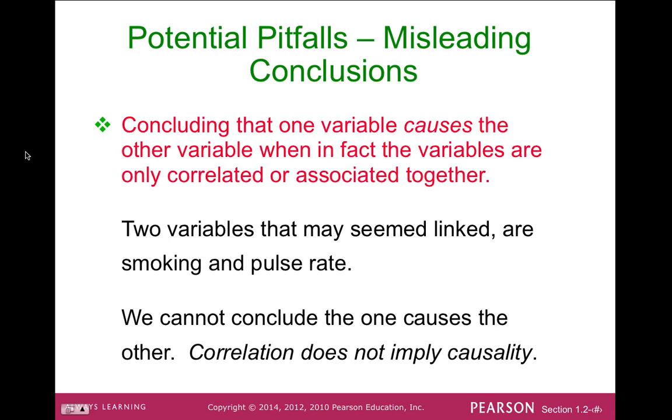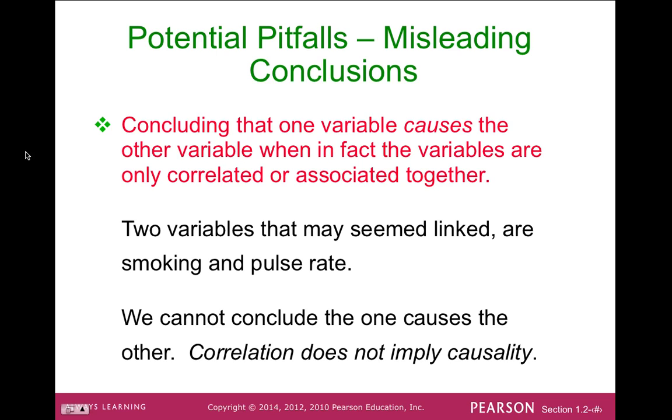For example, two variables that are linked are smoking and pulse rate. That being said, it can't be concluded that one causes the other. Smoking doesn't necessarily cause your pulse rate to change. So there is a correlation between smoking and pulse rate, but that correlation does not imply causality.